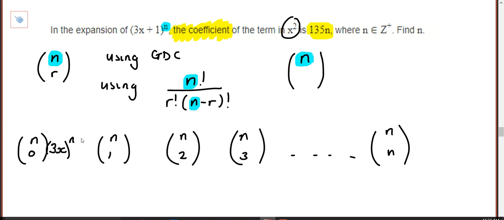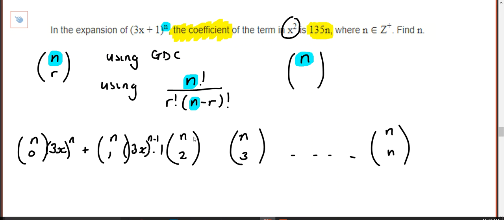So the next one would be plus n1, 3x to the power of n minus 1, because we drop 1, but times 1 to the power of 1. Is that a sequence?